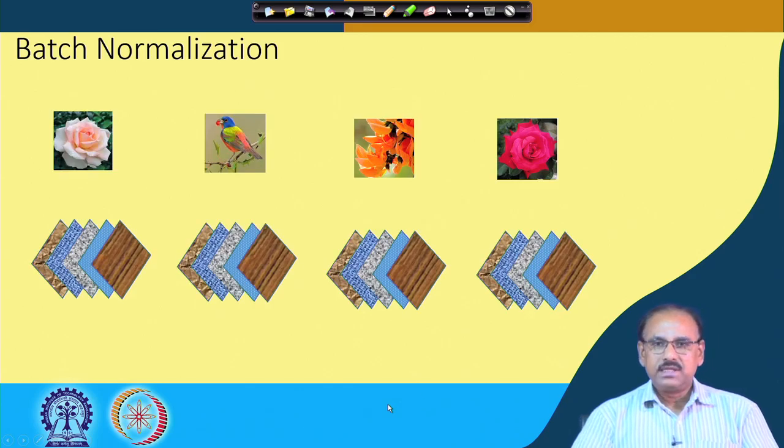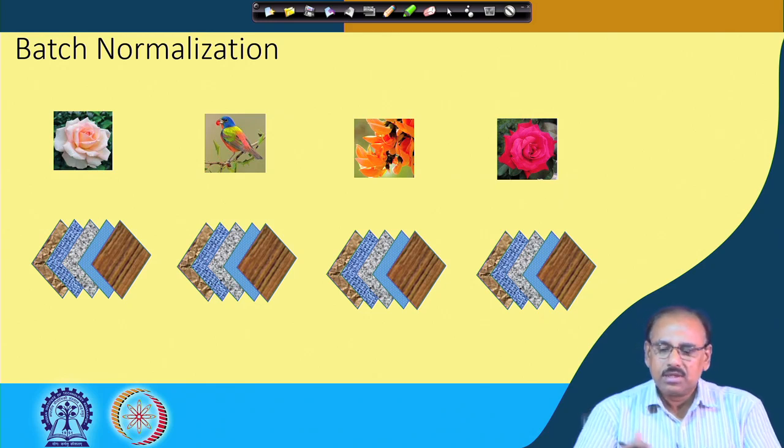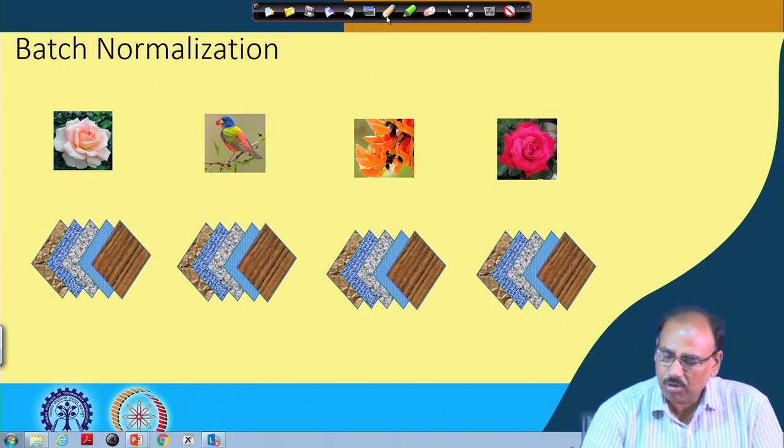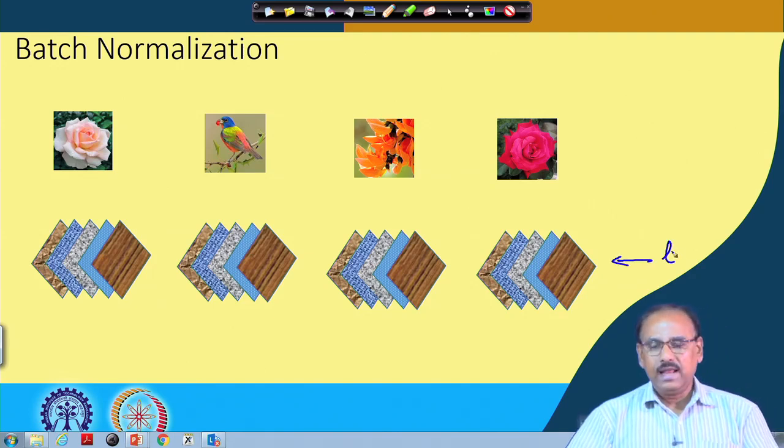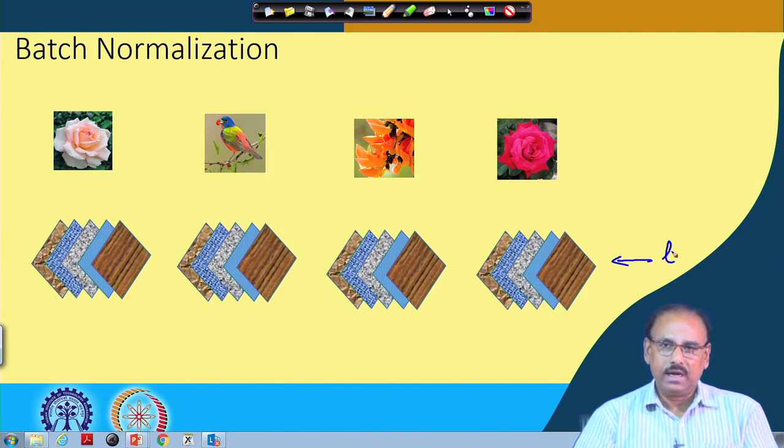In case of batches, as we said earlier, you are feeding the inputs in batches, right? You have the inputs from both the positive class as well as the negative class. And in every layer, let us assume that we are now talking about some layer, say the Lth layer. Assuming that this is a convolution neural network, in the Lth layer I have a number of convolution kernels.